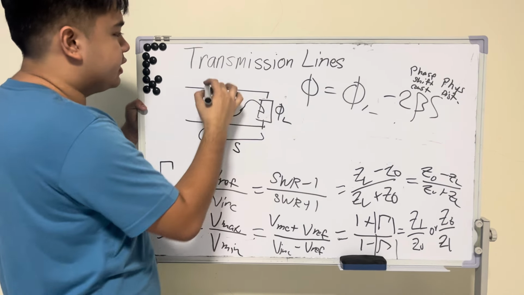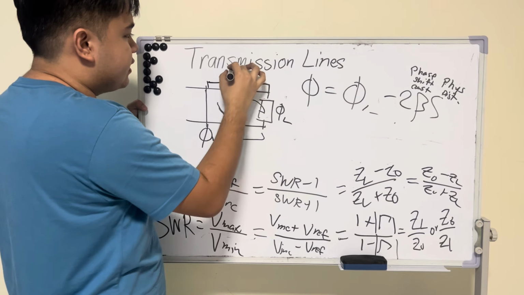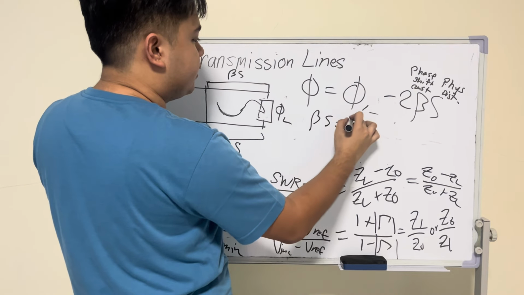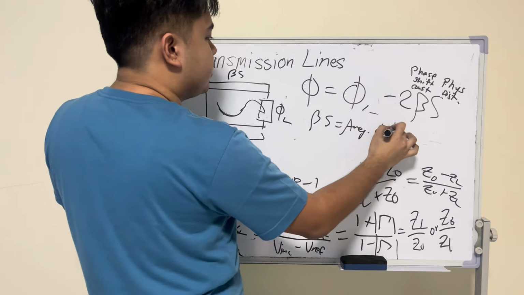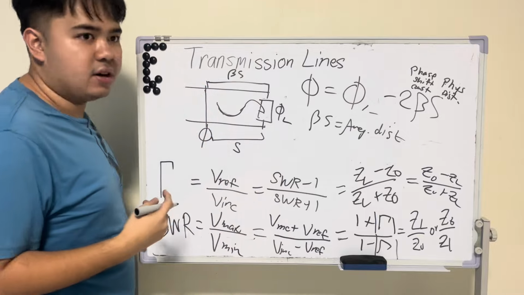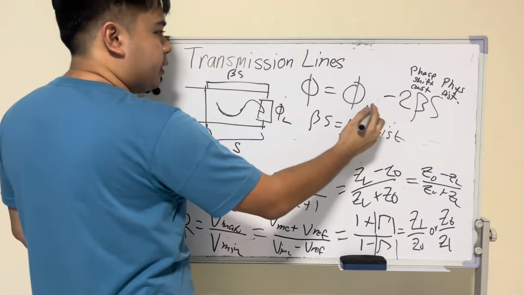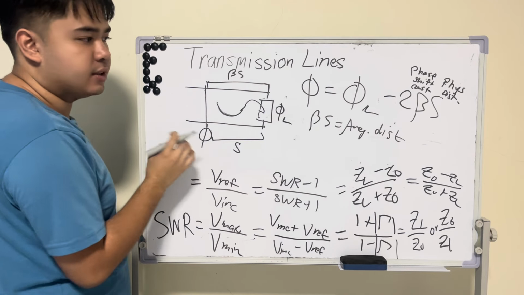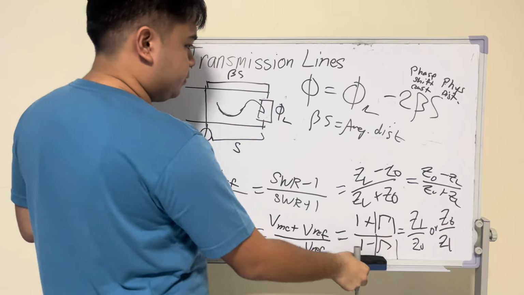That is the physical distance. Beta s is the angular distance. How much phase the wave has traveled along this path. And this is perfect because we want to find out how much the phase changes up to here. So that is the formula.